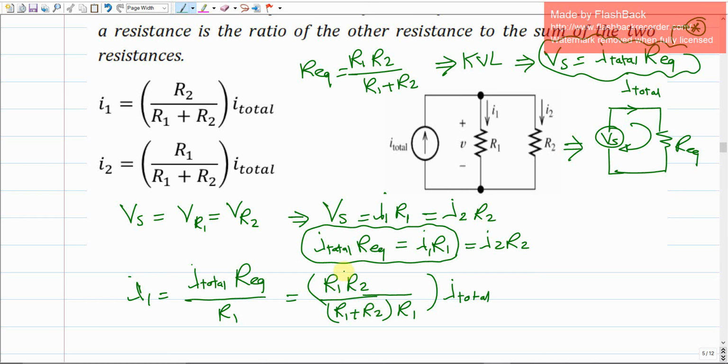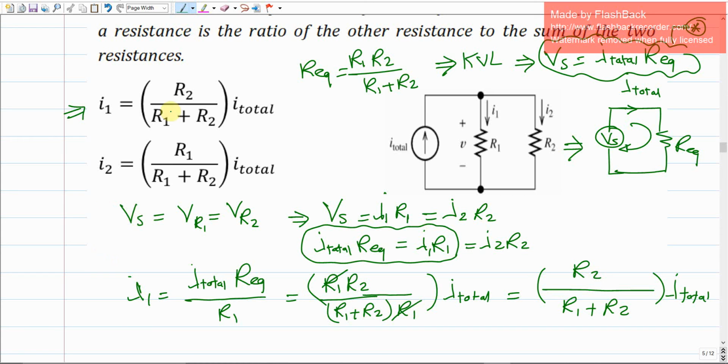Agree? So simply, is it fine if we cancel R1 with R1? Yes. So what we're going to end up with is R2 divided by R1 plus R2 times I total. So we're going to end up with this relation, right?